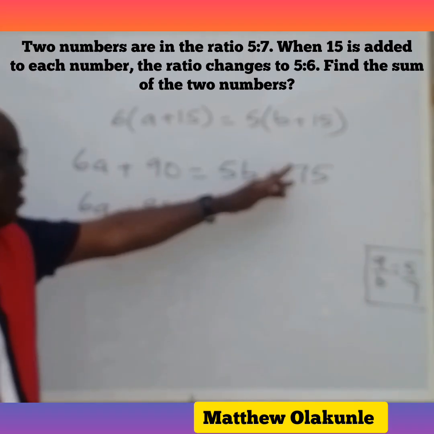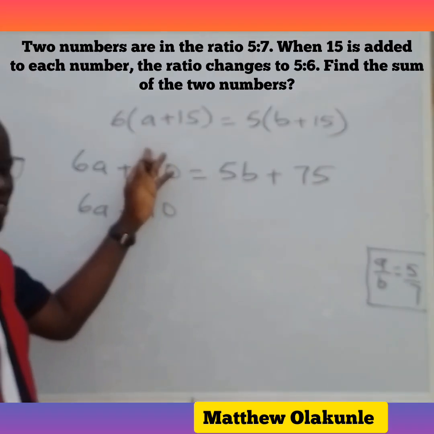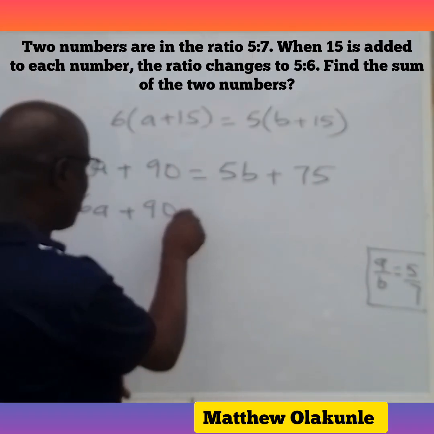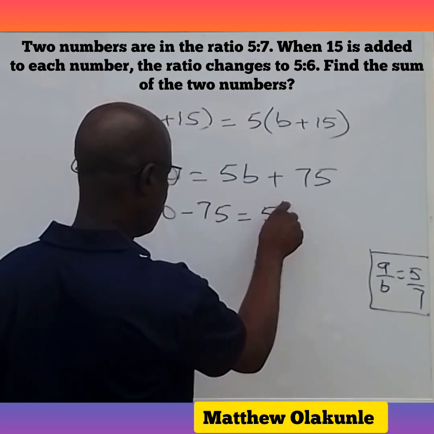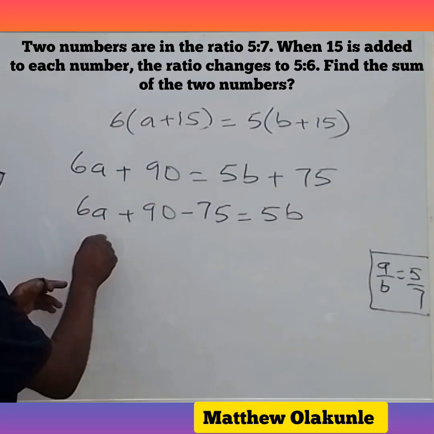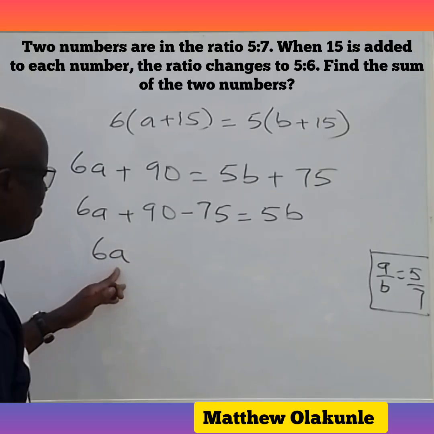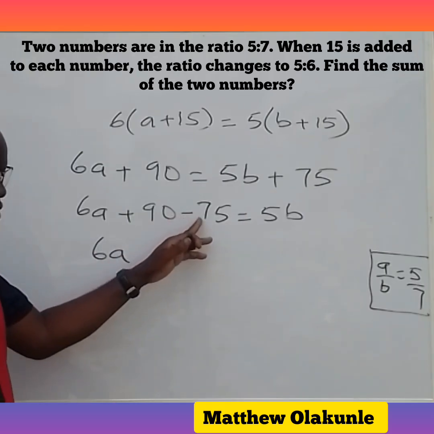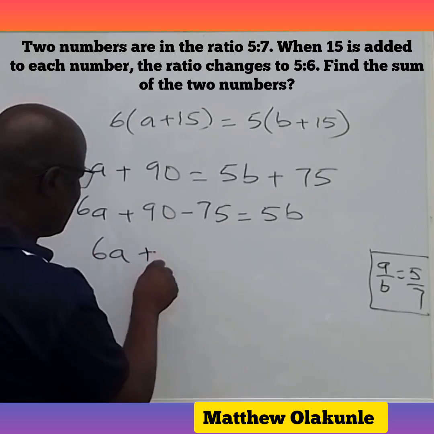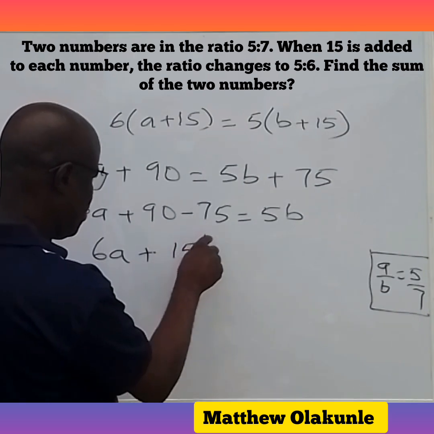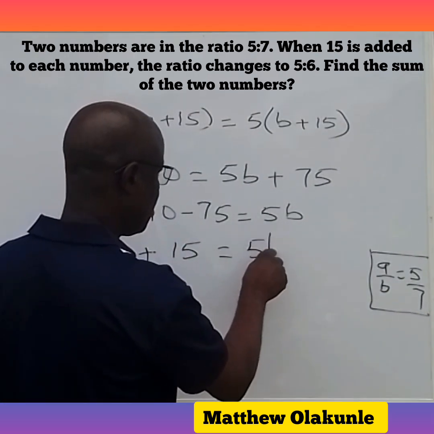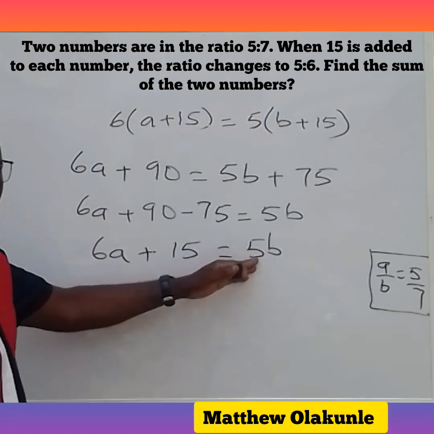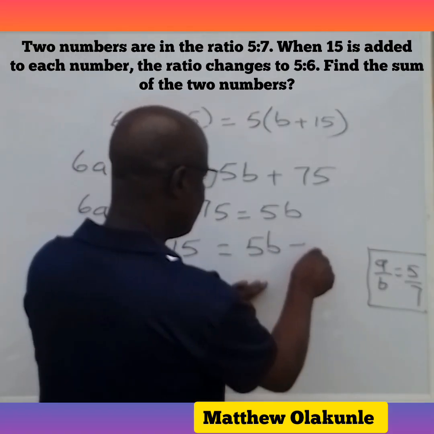Let me take this 75 to the other side of the equation, and it becomes minus 75. So 90 minus 75, that is 15, equal to 5B. I may decide to call this one equation 4 or any name.